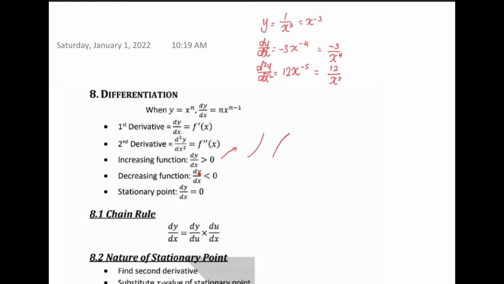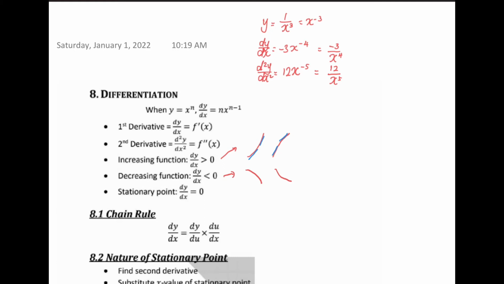Decreasing function, dy/dx is less than 0. You know, dy/dx is gradient. So gradient is less than 0, meaning that the graph is going down like this. Gradient is always positive for increasing function: the gradient here is positive, here positive, positive, positive.